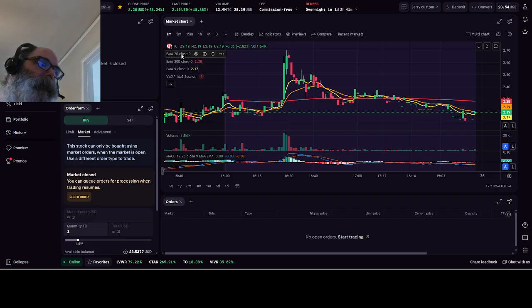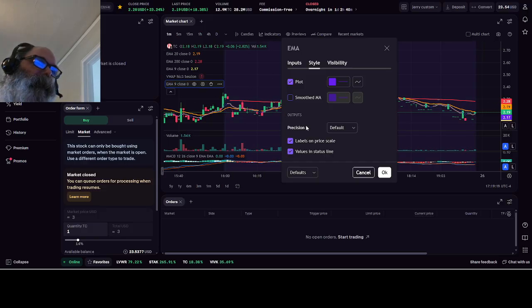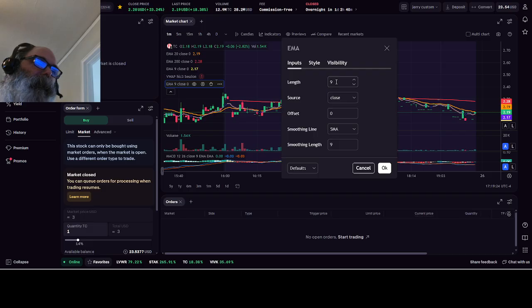We have the 20 EMA, the 200 EMA, and the 9 EMA. How do you do this from Kraken? You just simply go over to indicators and you go to moving average exponential. You click on it and it'll bring a chart over here. You click to settings and then you go to inputs and you tell it what kind of EMA you want.